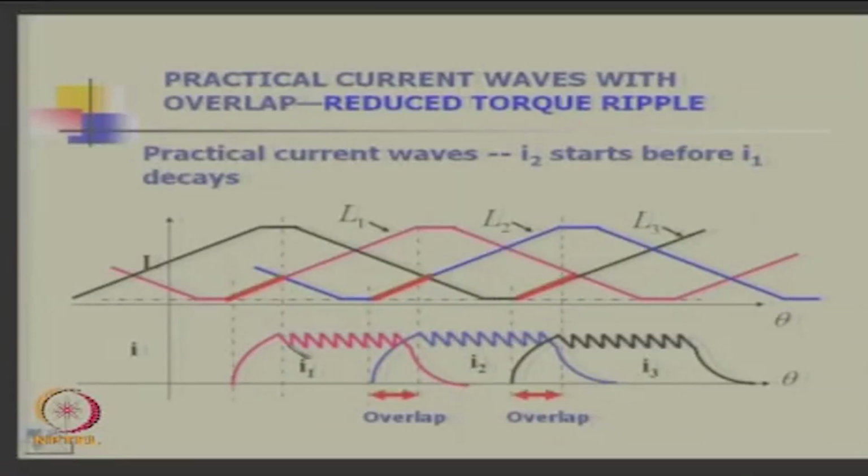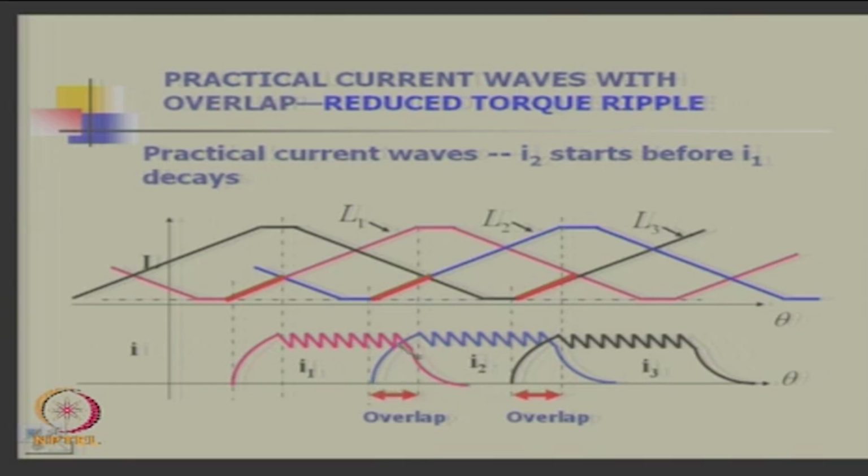This is one of the ways your current builds up and then it is made to have a sawtooth type of shape, and then it dies down. You will see it starts here and ends here, and there is an overlap here. That means the second winding has already started before the first winding has died down.